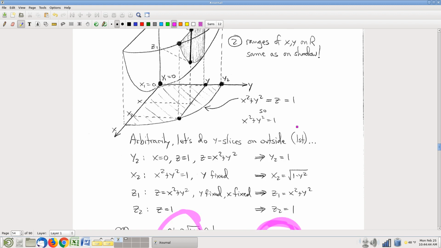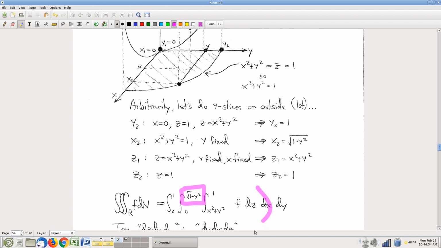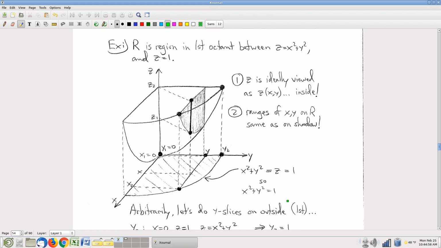So let's take this point of view to figure out our next bound. Then, what is this upper bound, let's say for x? So we're going to fix y. Keep in mind, we found our y bound, so y is now fixed.